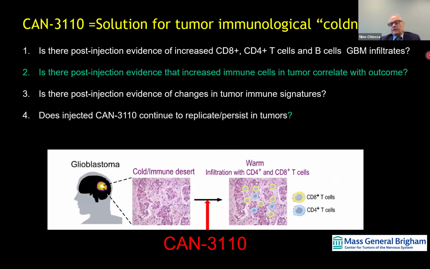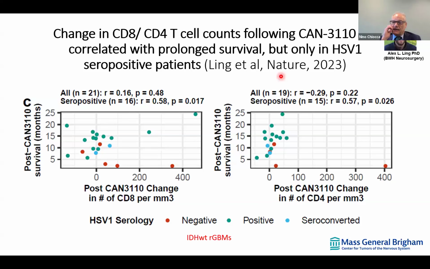Well, this is great. You can show that you inject the virus in the tumor, you get more T cells in there, which is how we started this project. I was telling you, we're trying to get more T cells in these tumors. But who cares? Is there any evidence that having more T cells in the tumor correlates with an outcome? The second study that we did, thanks to Alex Ling, was to start correlating the number, or the change, in CD8 cells or CD4 cells in these tumors as a function of survivorship.